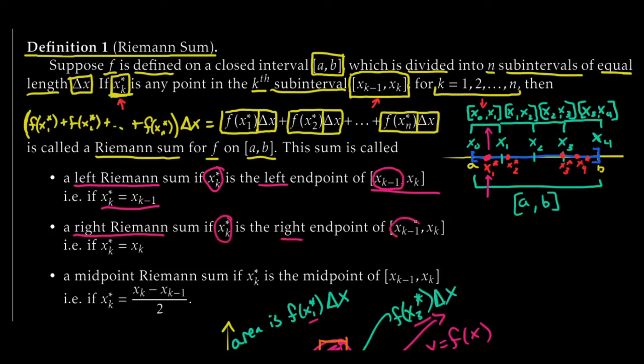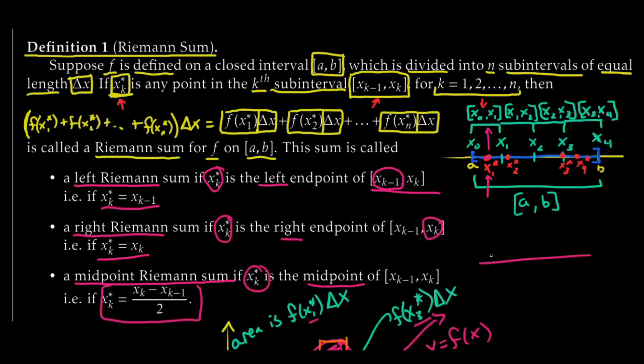That is, xk. Bam. And a midpoint Riemann sum, if we wanted to make things even trickier, would be one where xk star is the midpoint, the point that's right in the middle. So that's when xk star is (xk minus 1 plus xk) over 2.